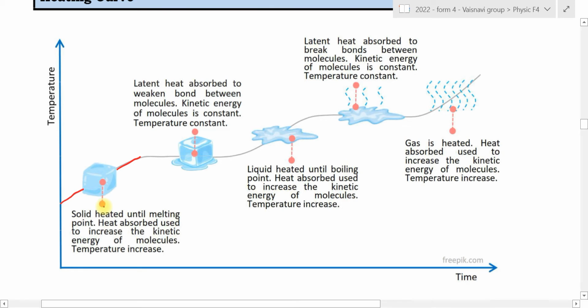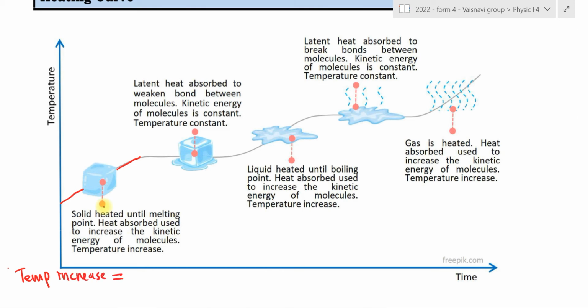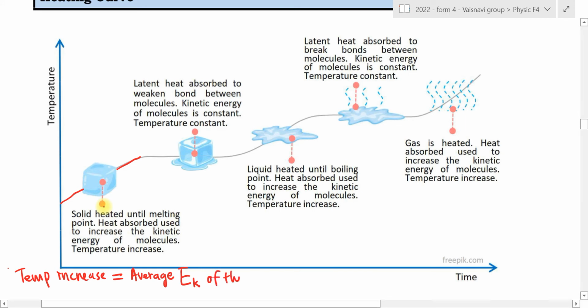Kenapa temperature naik? Kena ingat, the observation is temperature increasing, right? Why? If temperature increases, reason dia satu je: average kinetic energy of the particles increases.